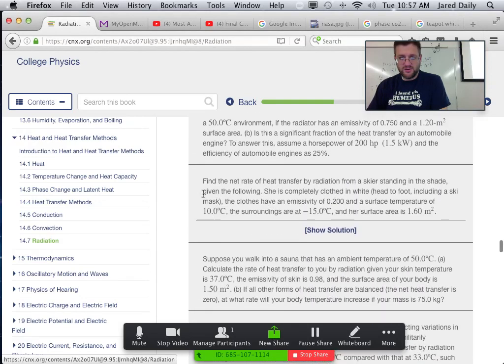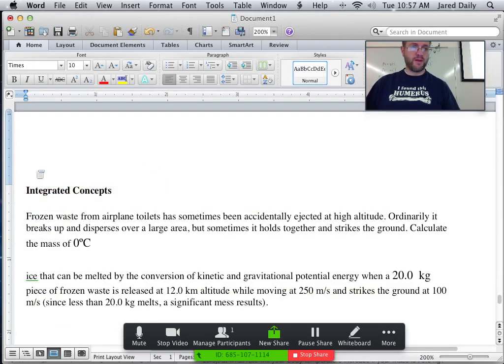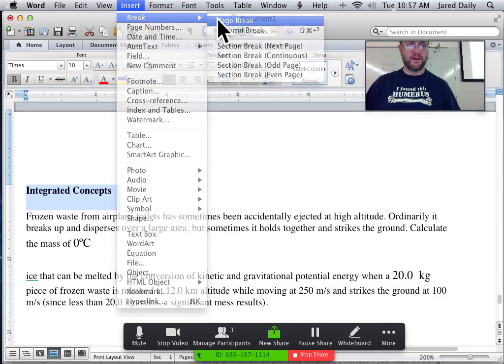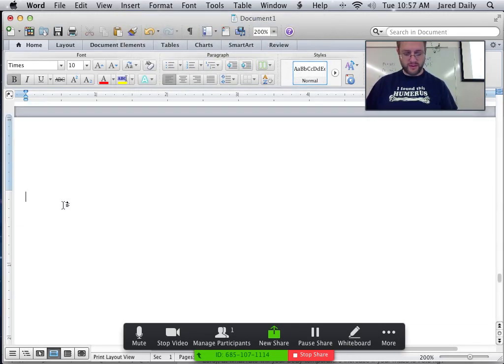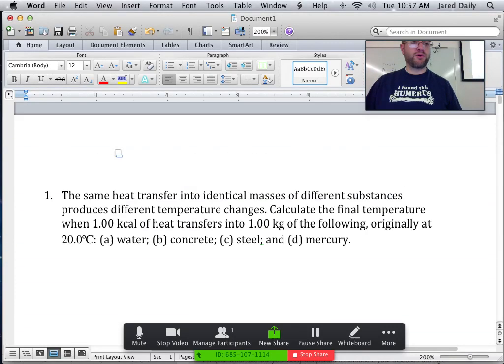Well, let's do this. Here's a car radiator problem. Okay, so each page is its own problem. How many pages?